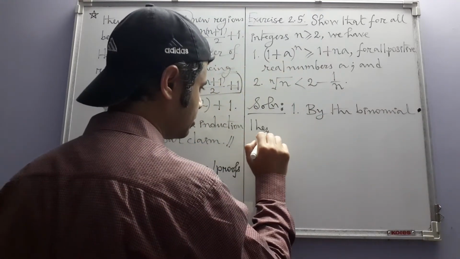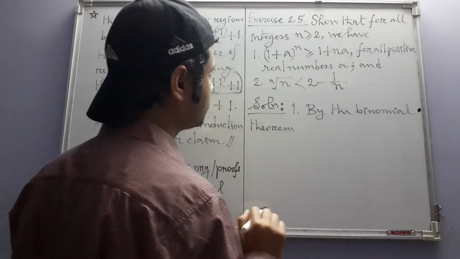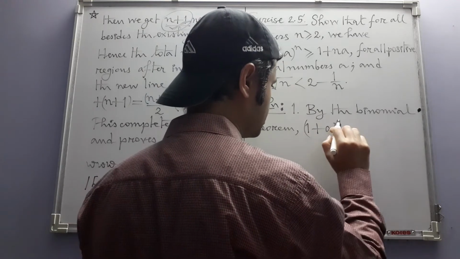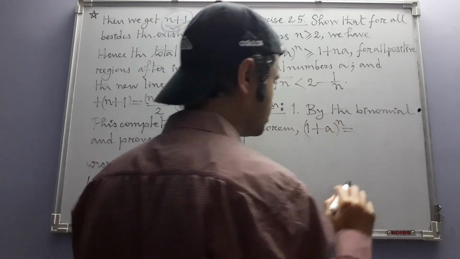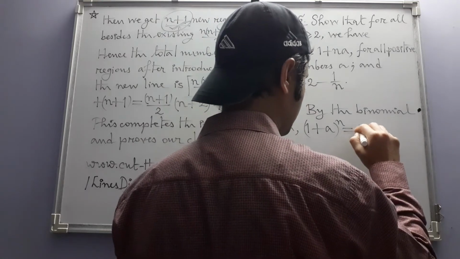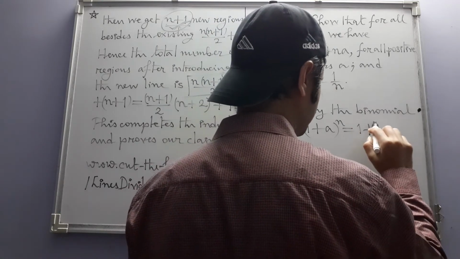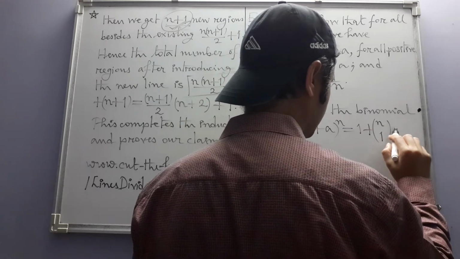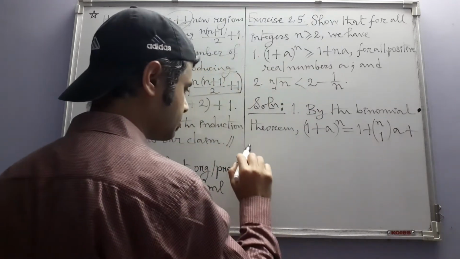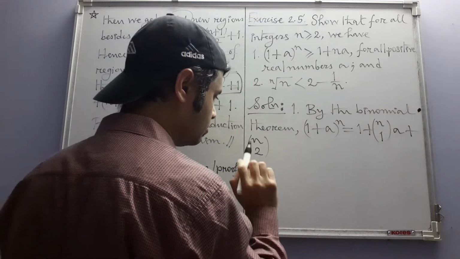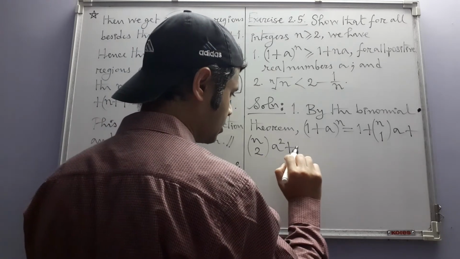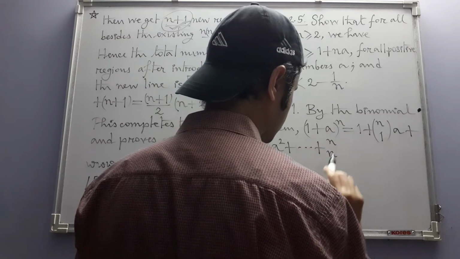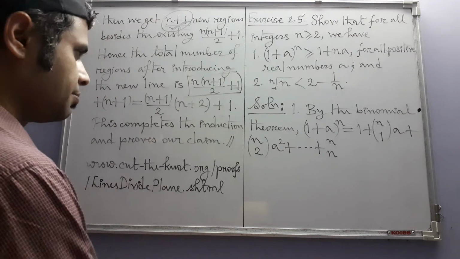By the binomial theorem, 1 plus a, whole to the power n, is 1 plus n choose 1 a plus n choose 2 a square, etc. Okay, should I proceed like this?